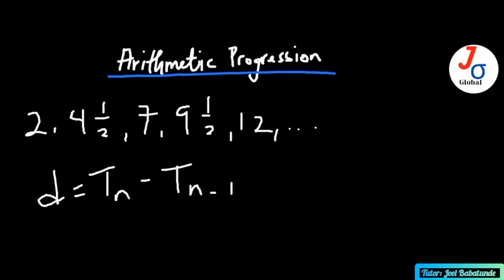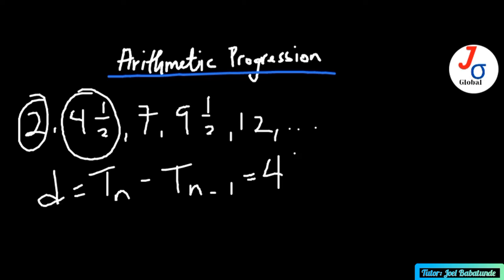So just before it. You have this term, and I'm going to take it minus the one before it. So that is 4.5 minus 2. 4.5 minus 2 is 2.5. That's the common difference.